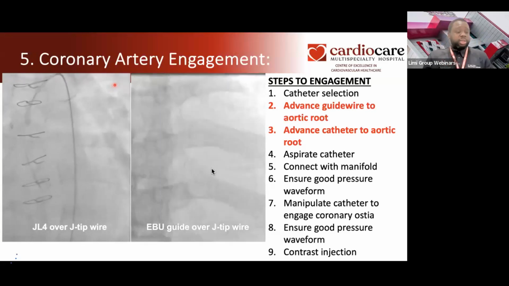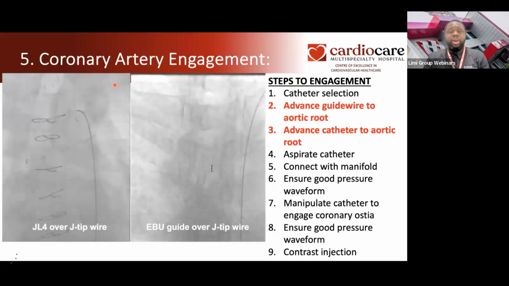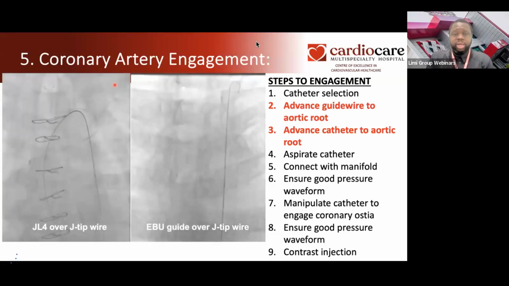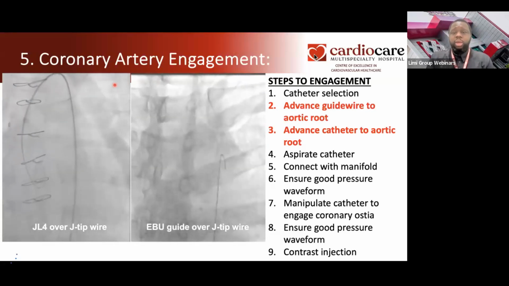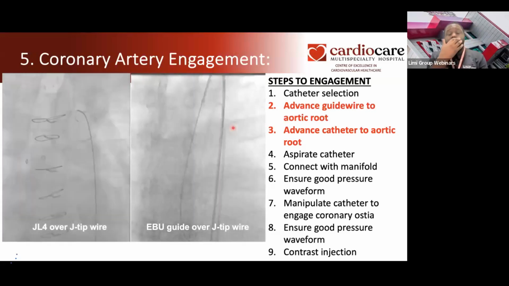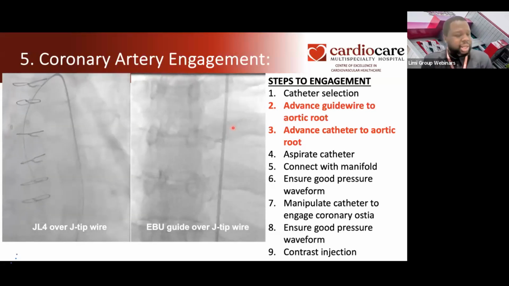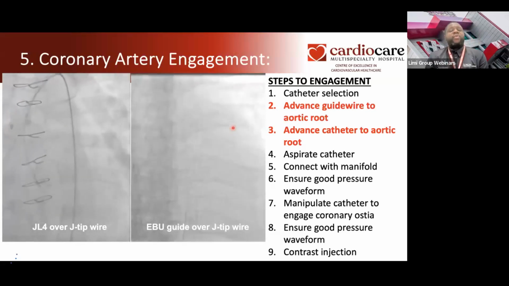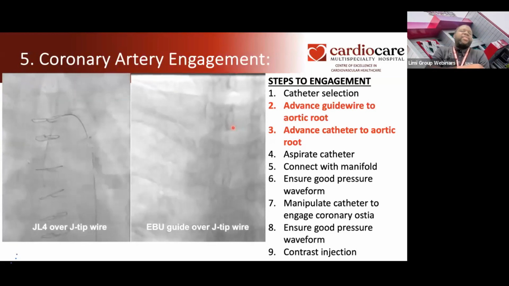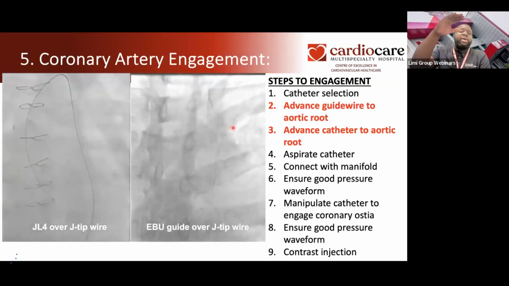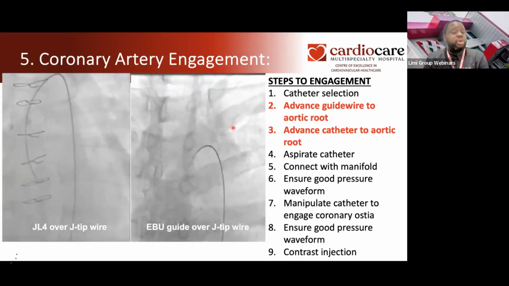Let me see if I can get something. Well, I will explain to you. I did not put it in this slide, but I will explain to you how we do the intra-aortic pressure monitoring. So intra-aortic pressure is critical during coronary angiogram. It is critical. You cannot wait for your blood pressure to start reading, inflate the cuff, then gradually come down before you realize what the blood pressure is.